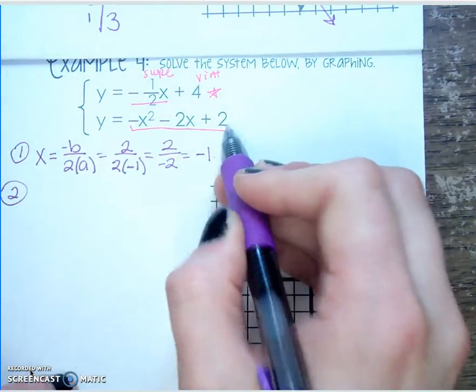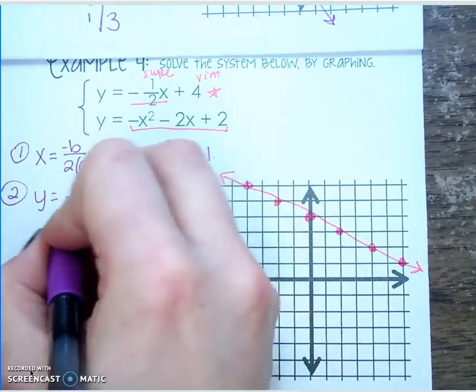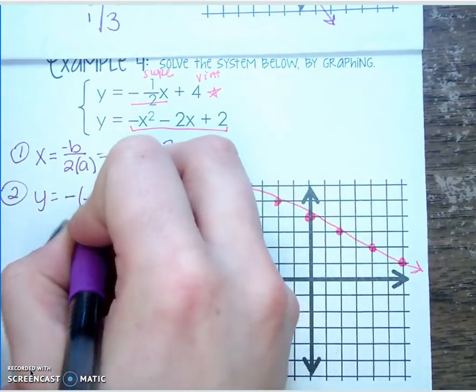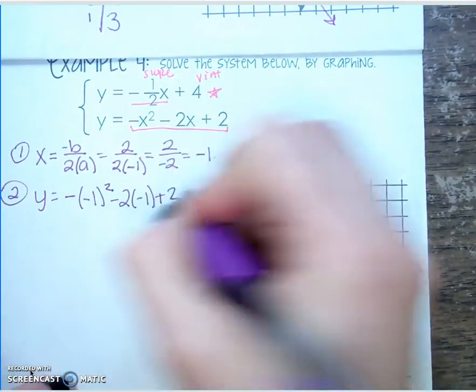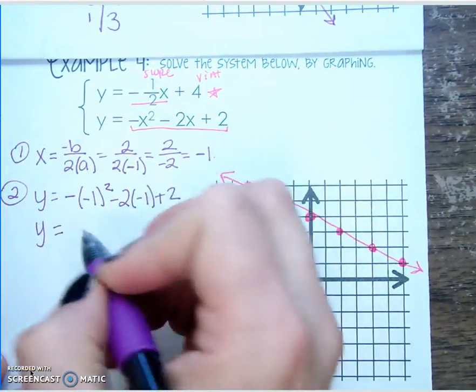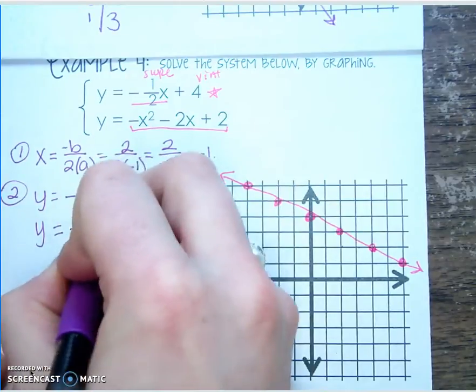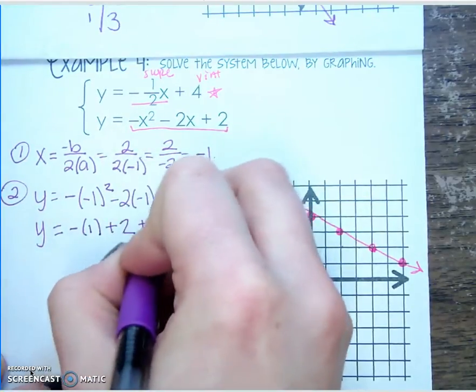Substitute it back into that equation. Negative times negative 1 squared minus 2 times negative 1 plus 2. Negative times 1 plus 2 plus 2.